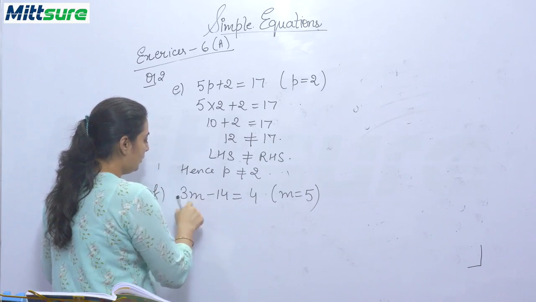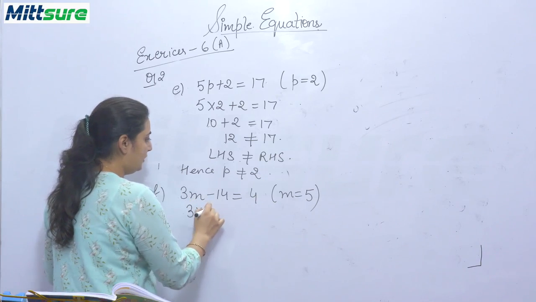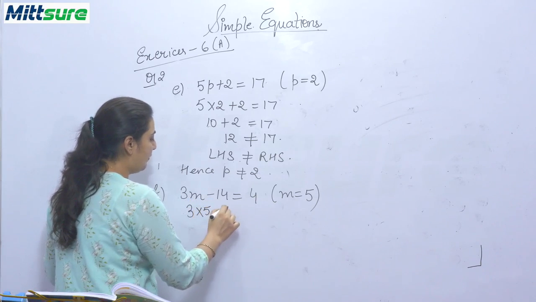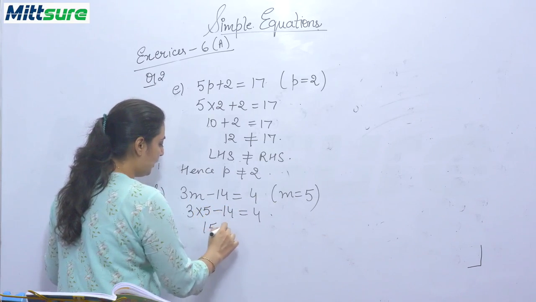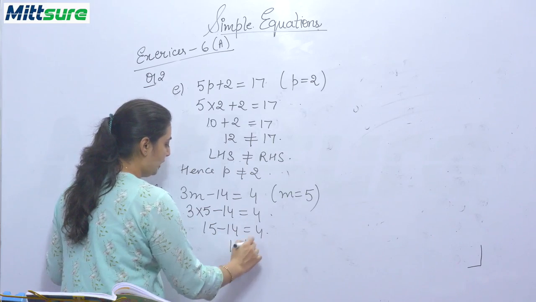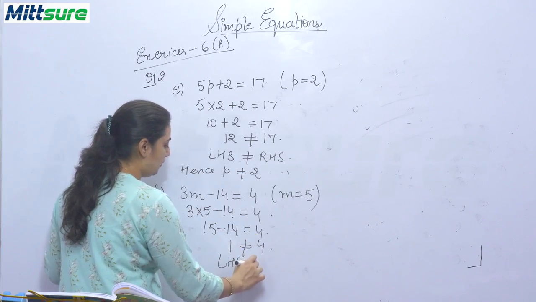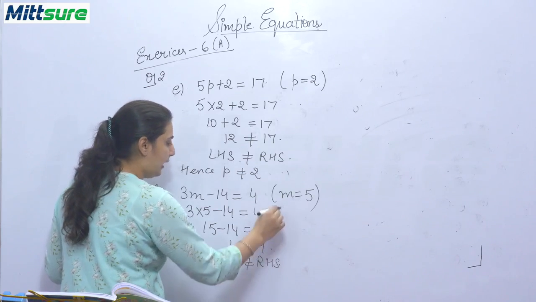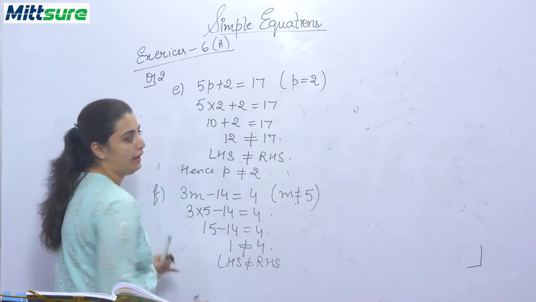Now you can write the statement and after that start with the solution. 3 multiplied by 5 minus 14 equals 4. 15 minus 14 equals 4. 1 is not equal to 4. That means LHS is not equal to RHS. And hence, this is not the value for m.